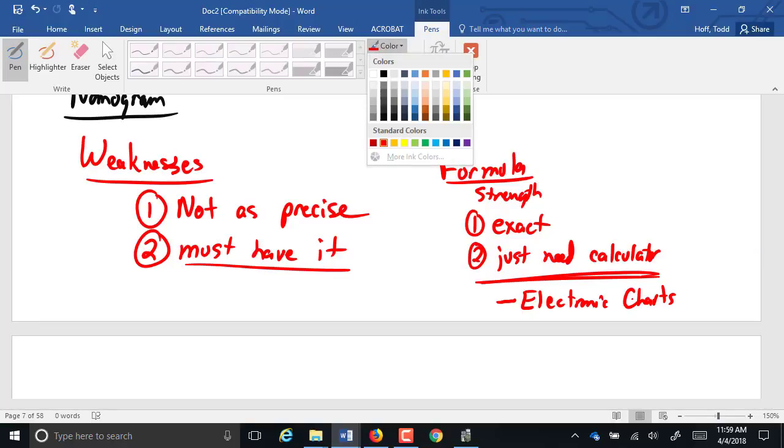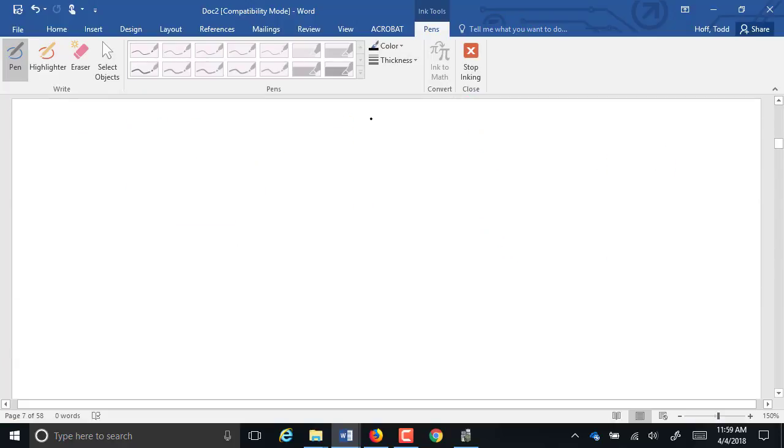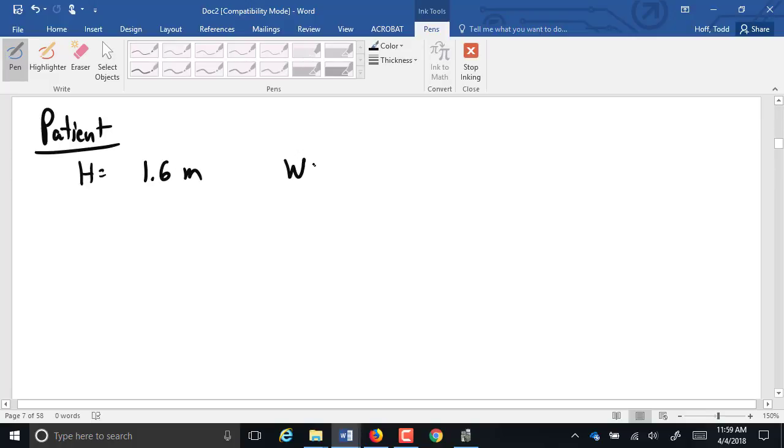Well, let's do some more examples here of calculating body surface area. So let's take a patient who is, let's actually do 1.6 meters tall, has a weight or mass of 132 pounds.